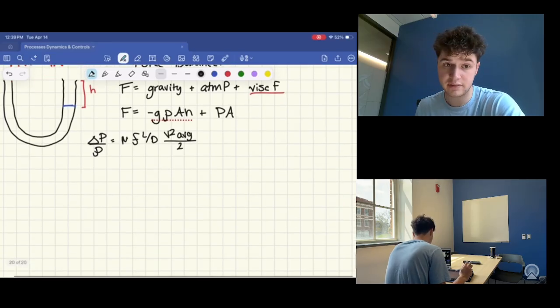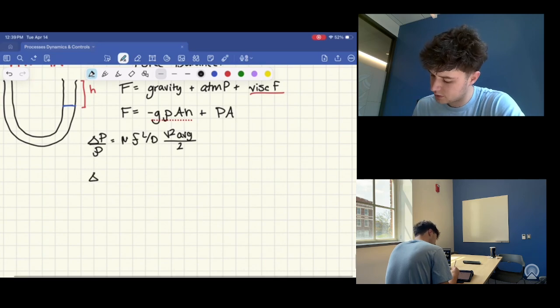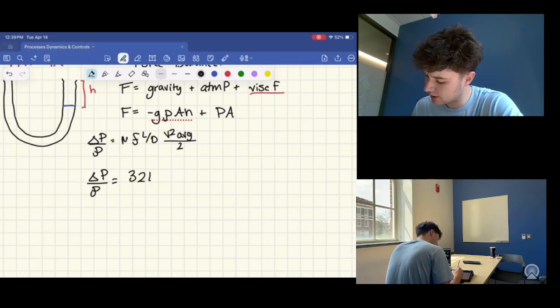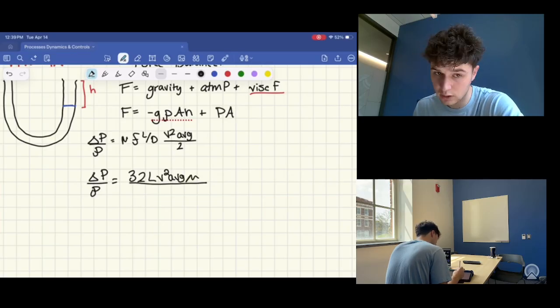Now we can break that down even more, down to delta P over rho equals, plug in our values from the specifications, 32 length v squared average times mu over d, rho v d.